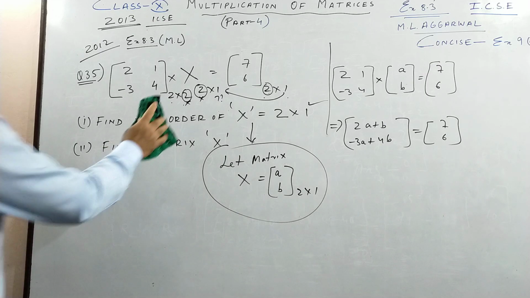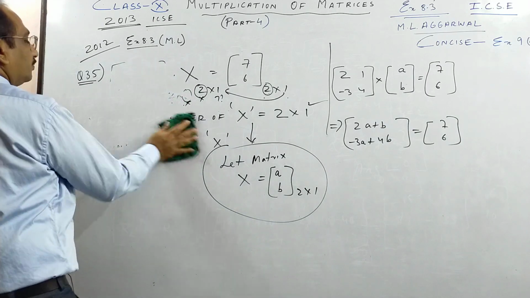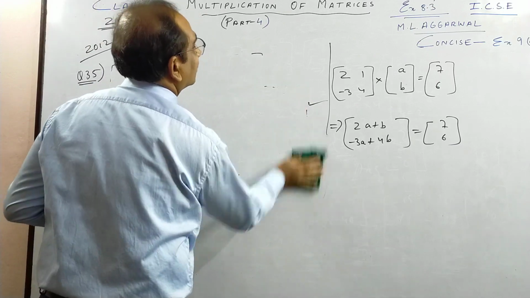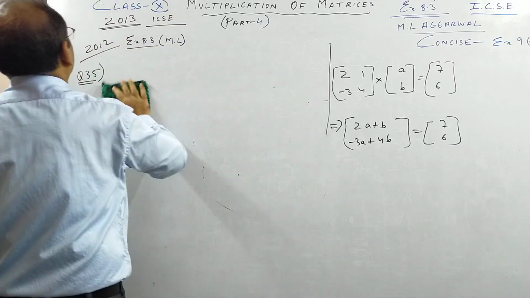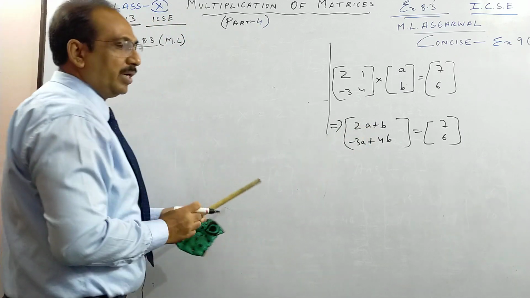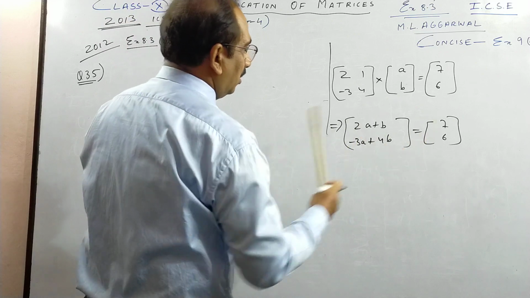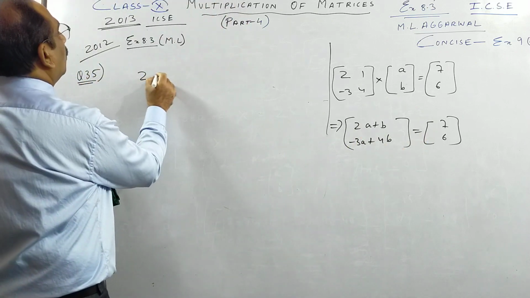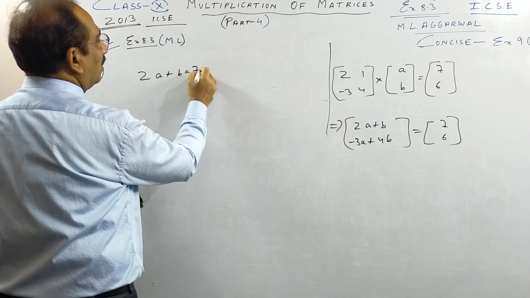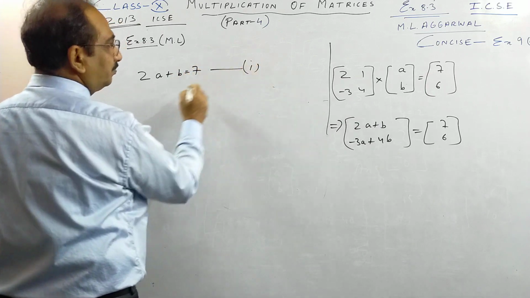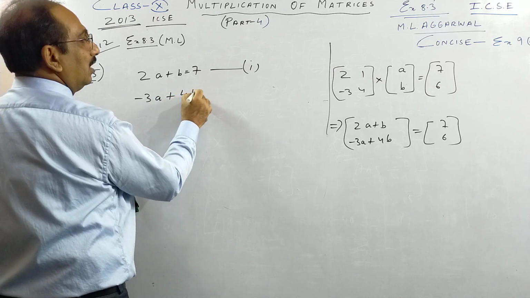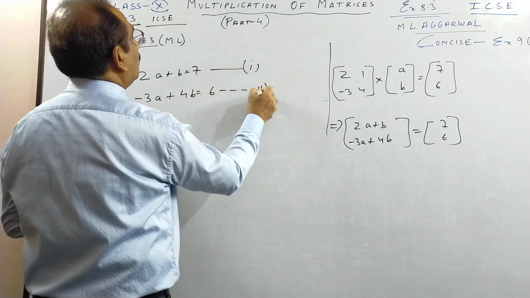So see, here I am going to solve. For equality of matrices, these two are equal, so corresponding elements are equal. 2a plus b is 7, let it be equation 1, minus 3a plus 4b is 6, let it be equation 2.